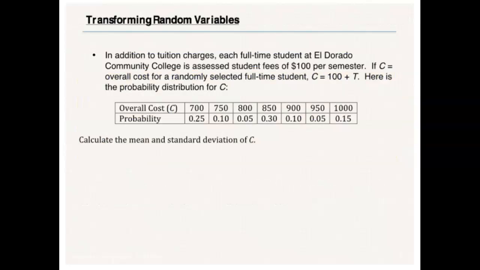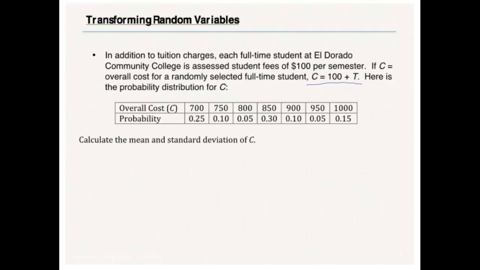At community college, those fees add up to $100 per semester. So we're going to define a new random variable, C. C is the overall cost for a randomly selected full-time student, which would basically be their tuition plus the student fees, right? The $100. So C is just 100 plus T.